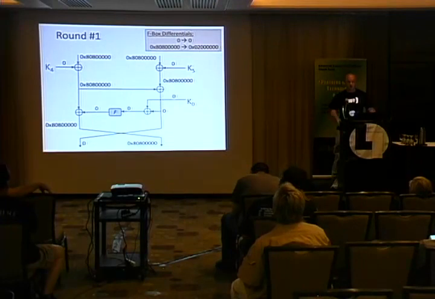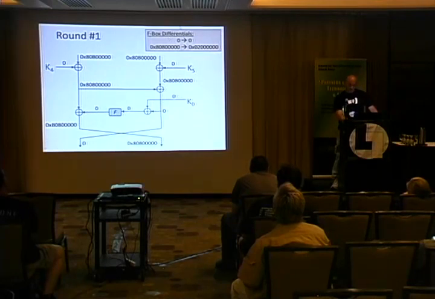So it just goes straight through. These two differentials get XORed together, produces a 0, comes through here, and at the output we end up with 0 on the left and 80/80 on the right. This little bit up here on the right is, think of it like your toolbox. It's what you can use to build this path. These are the options you have available to you for going through the F-box.